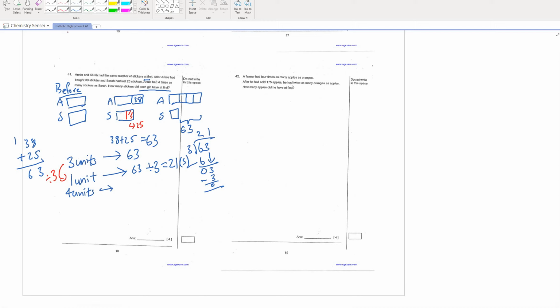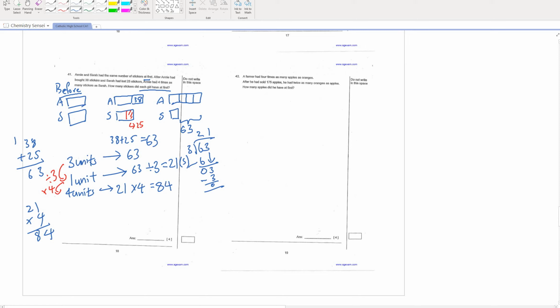In order to find 4 units, we need to multiply by 4. So we have 21, which is from 1 unit, multiplied by 4. So what is 21 multiplied by 4? We have 1 times 4 is 4, 2 times 4 is 8. So 4 units represent 84.